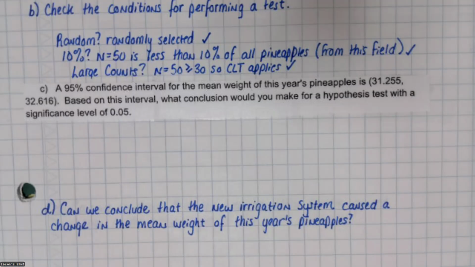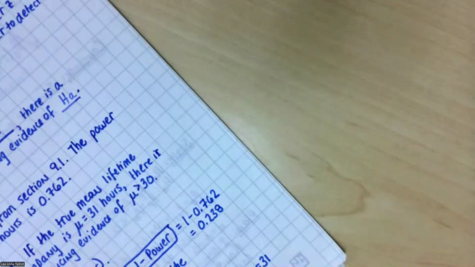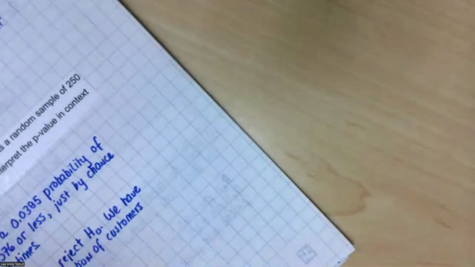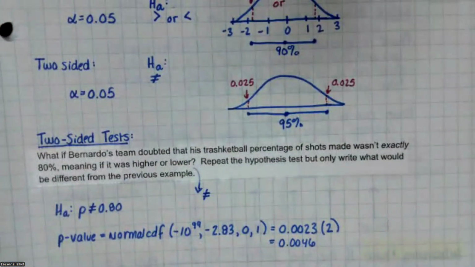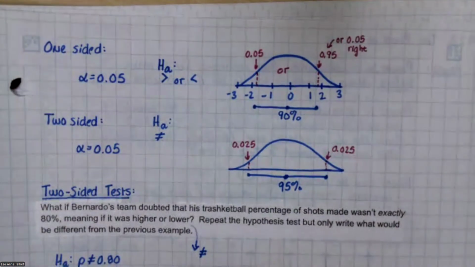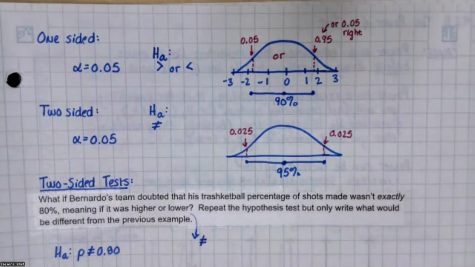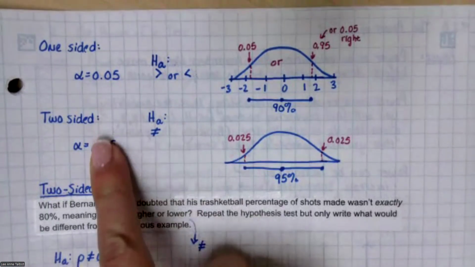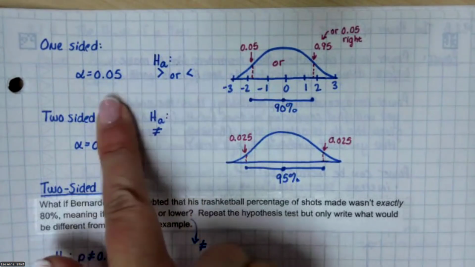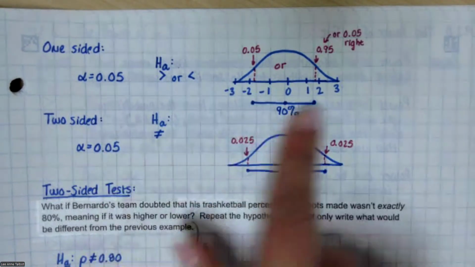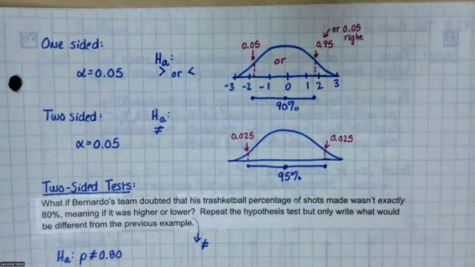And if you need to review that situation, it's in the notes from 9.2a, where we talked about the alpha level, one-sided, two-sided, and what confidence level that meant that you had.